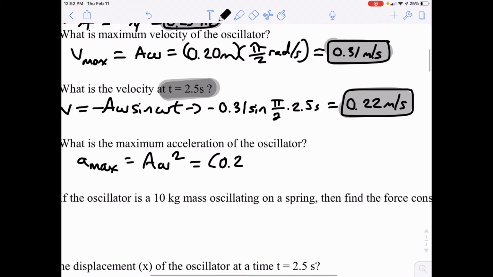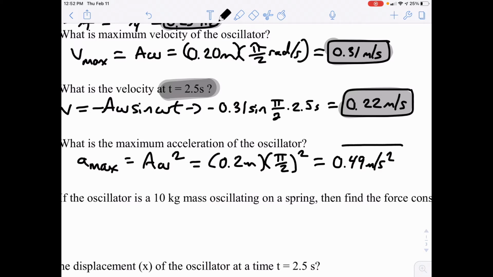So 0.02 meters times pi over 2, but don't forget to square it. So we're going to go pi divided by 2, which is about 1.57, square that value, and multiply that times 0.2, and we get a maximum acceleration of about 0.49 meters per second squared.